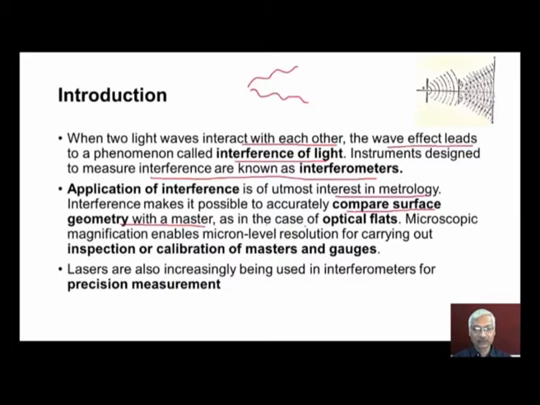Microscopic magnification enables micron level resolution for carrying out inspection or calibration of masters and gauges. Using the interference phenomenon, we can calibrate the masters and gauges.